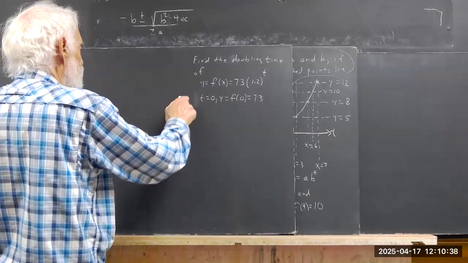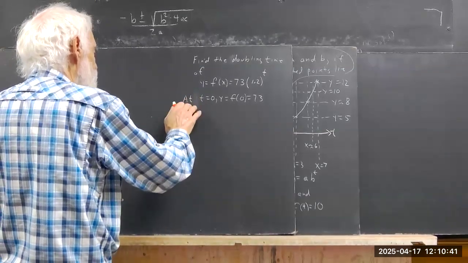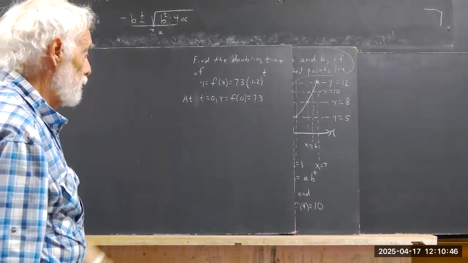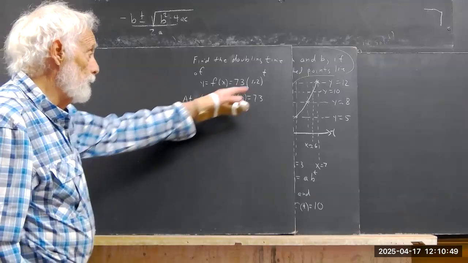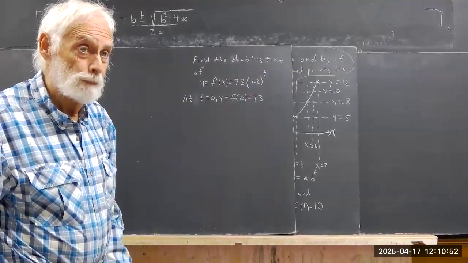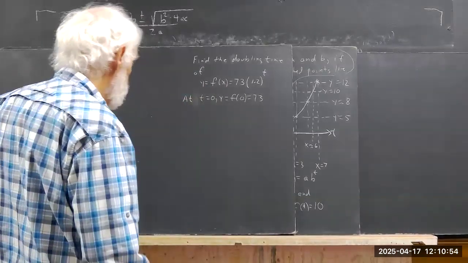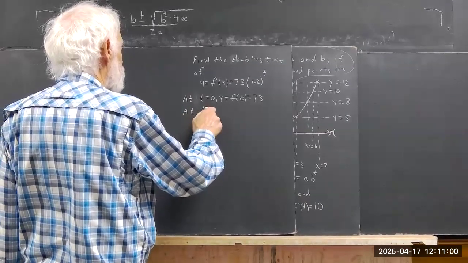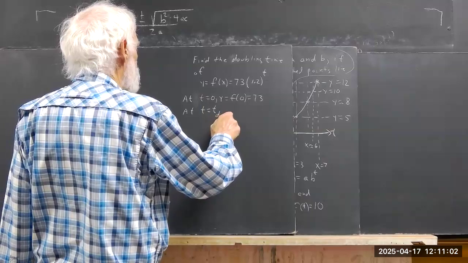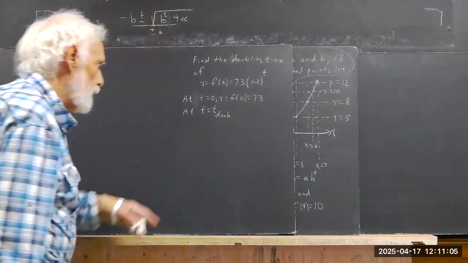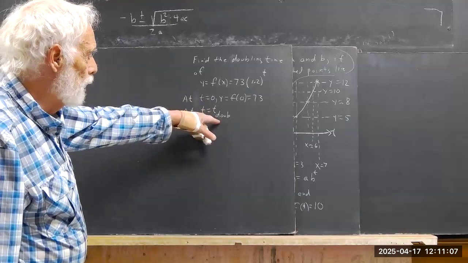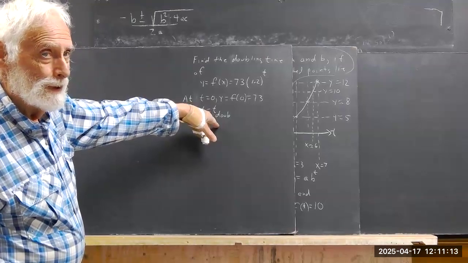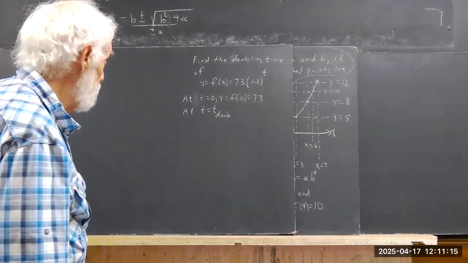At t equals 0, y equals f of 0, which is 73. 1.2 to the 0 is 1. Y would be 73. At t equals t sub dub. T sub dub stands for doubling time.